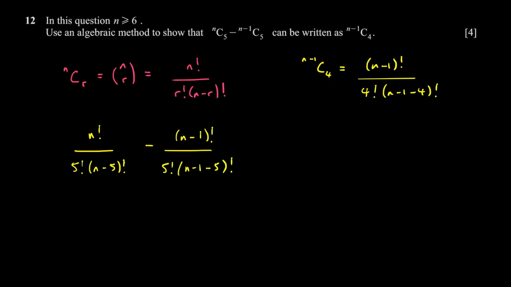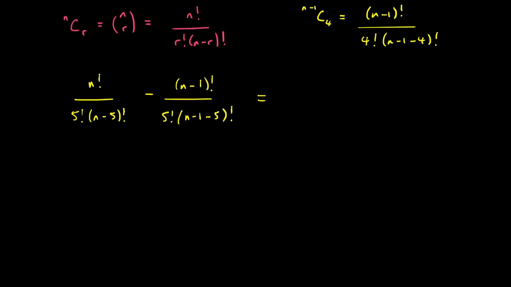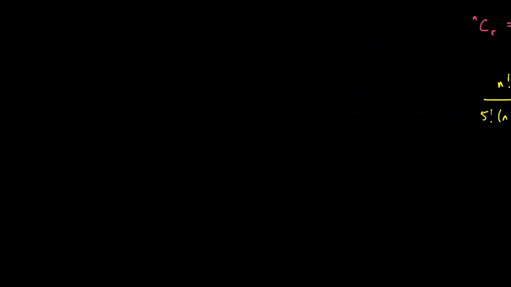Now, in order to do this, there is essentially a big trick, which I think you need to know. Otherwise, it's going to be very, very hard to do this. So I'm just going to move across, I think, to the left. The trick is this. Let's say we've got 5 factorial. What does that mean? It means 5 times 4 times 3 times 2 times 1.